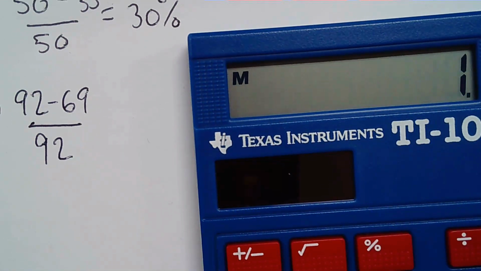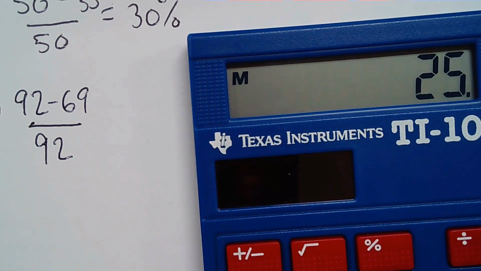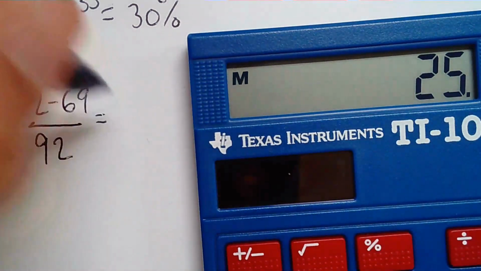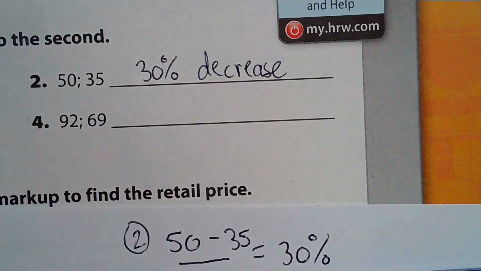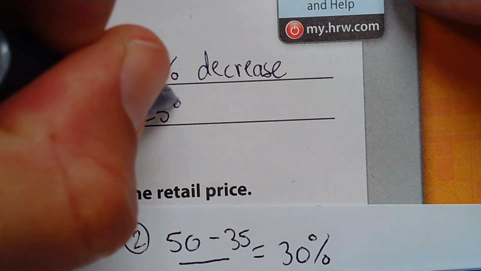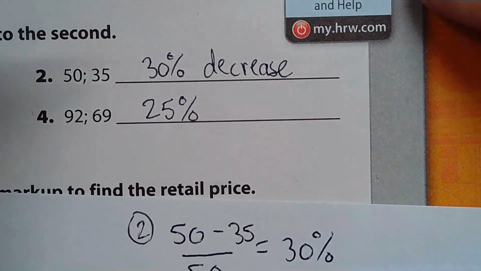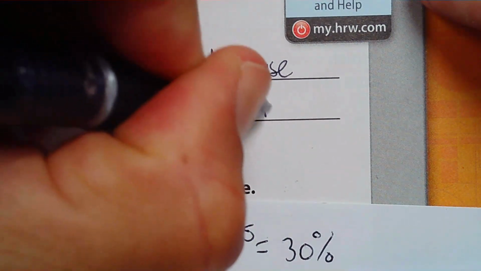Multiply it by 100 is 25%. So that is 25%, and it went down in value again. So decrease.